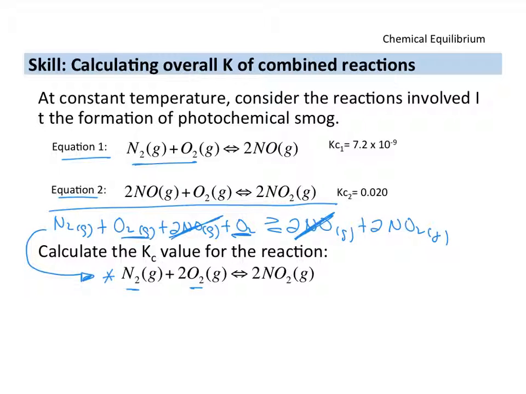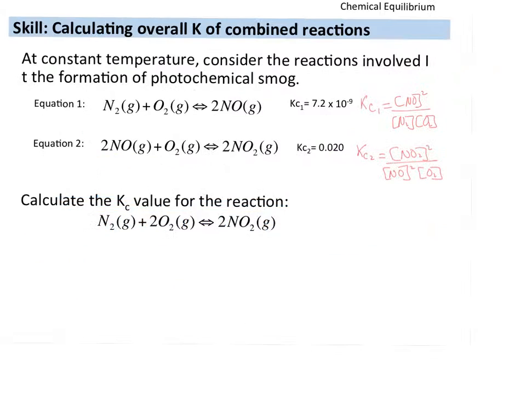So let's start by writing down the Kc expression for equation 1, equation 2, and the overall equation. For equation number 1, we have, as usual, the products over the reactants. Make sure that you are using the coefficient of the equation to raise each concentration to its own power. We write down the equilibrium expression for the second equation.